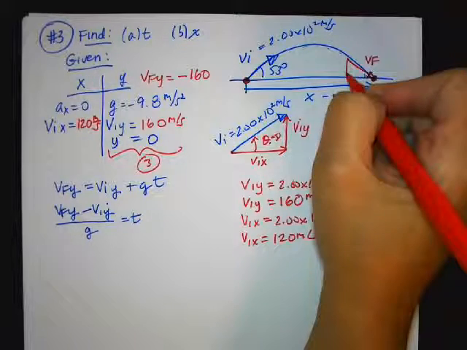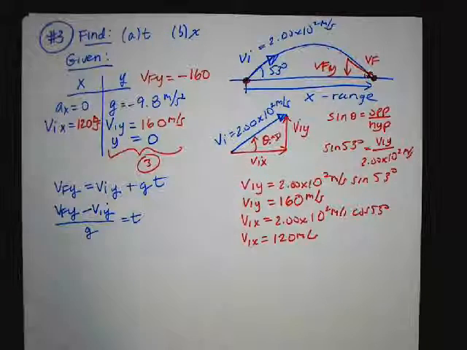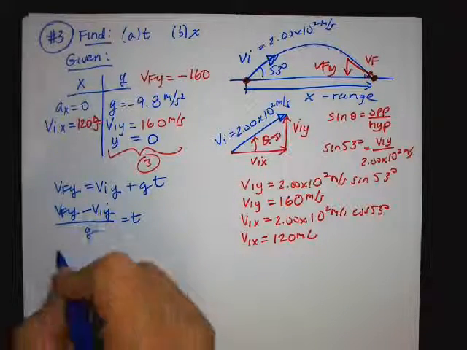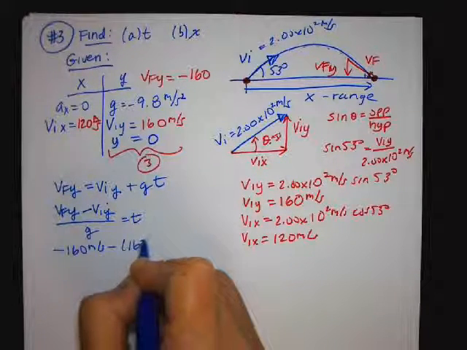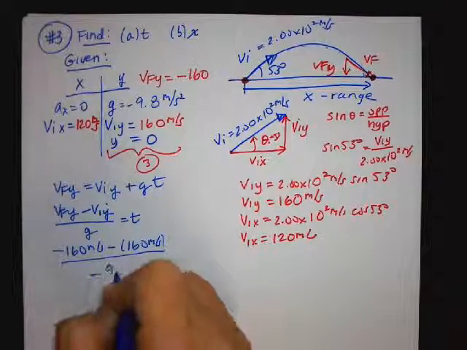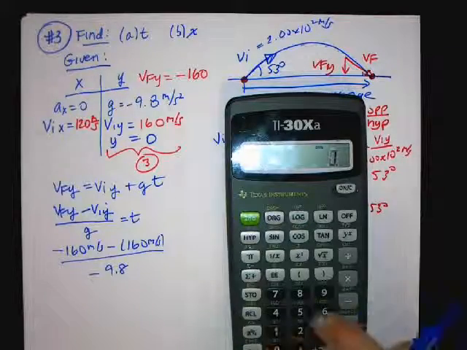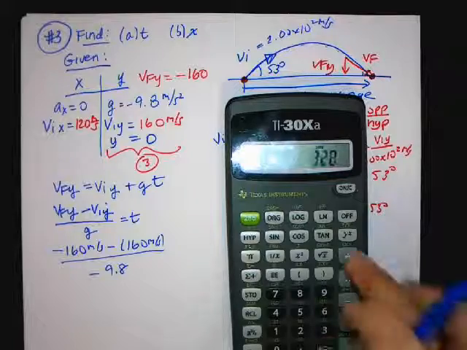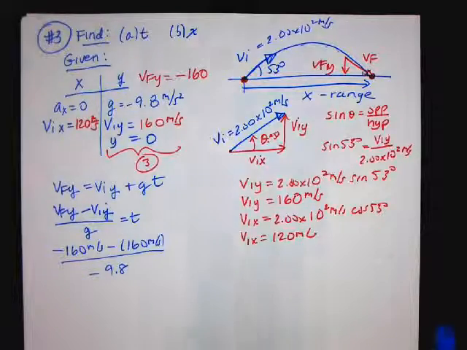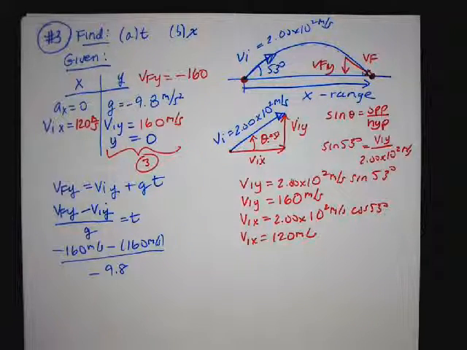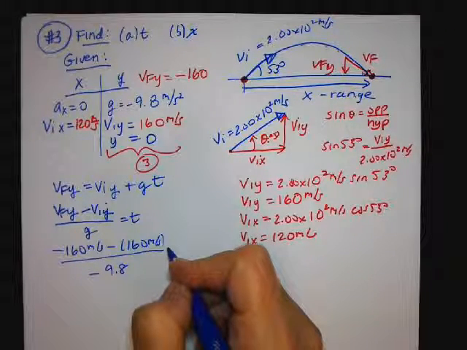So it's equal in magnitude but opposite direction. So that's going to be negative 160 minus 160 divided by negative 9.8. When I do that, the negative in the numerator cancels with the negative in the denominator, and I get the time is equal to 33 seconds. It comes out to be 32.6, so we'll just say 33 seconds.